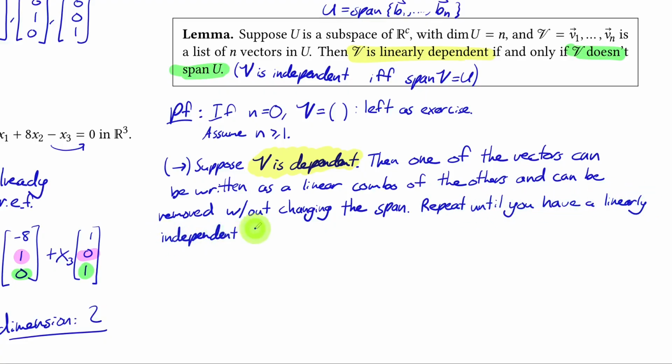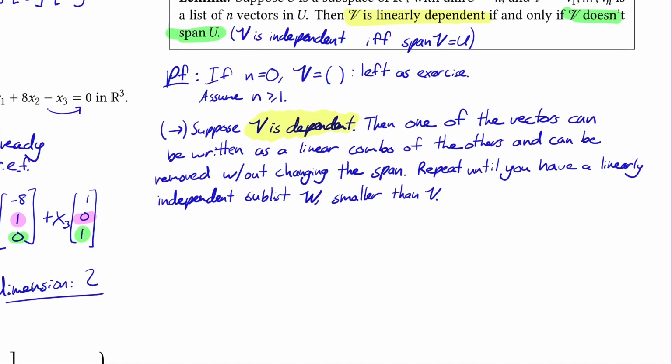And we can repeat this process until you have a linearly independent sublist W smaller than V. This process has to stop at some point because, if the smaller sublist continues to be linearly dependent after removing all the vectors, and you're left with W as just the empty list, then that's defined to be linearly independent too.